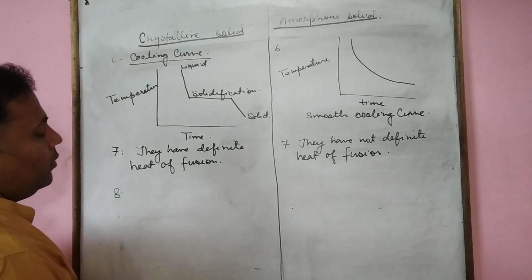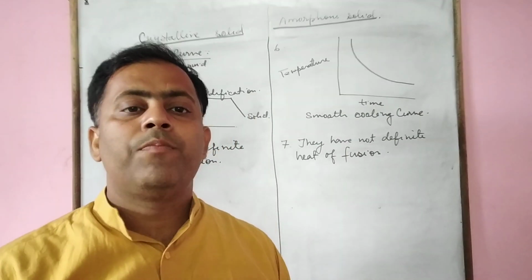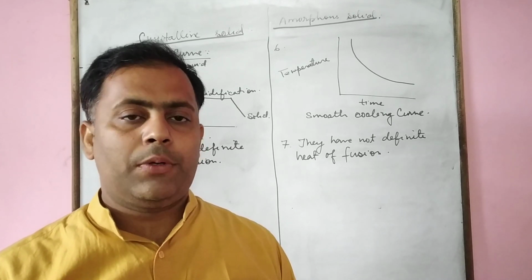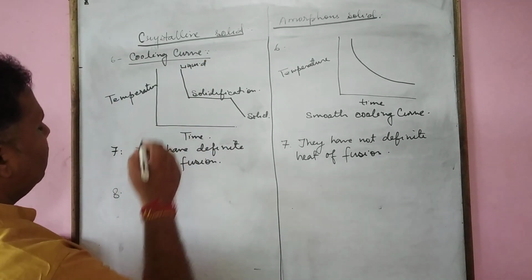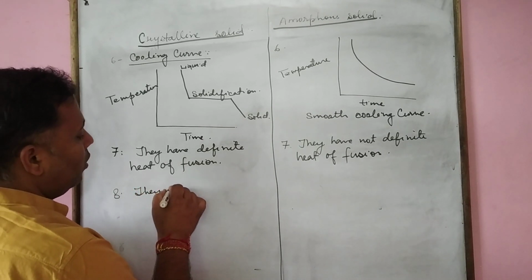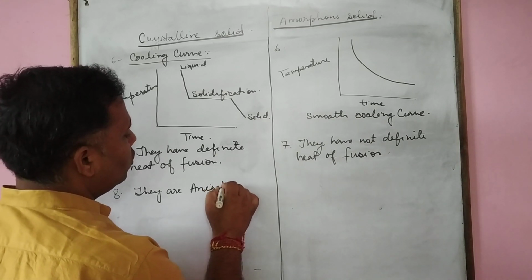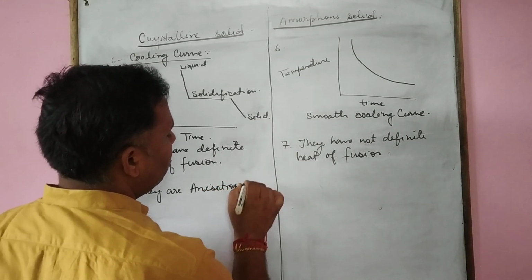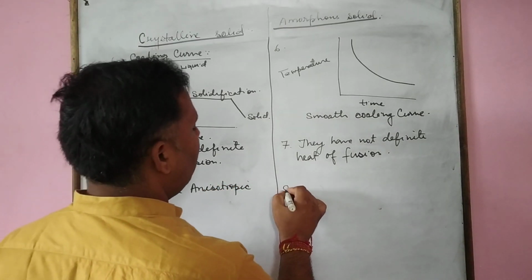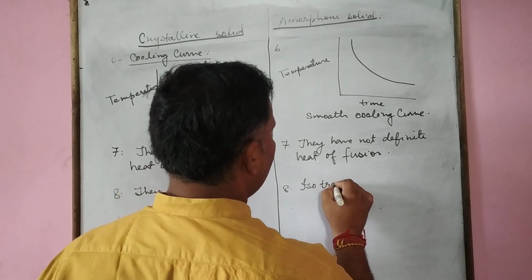To the next property, we know the crystalline solids are anisotropic. What do we know? Crystalline solids are anisotropic, whereas amorphous solids are isotropic.